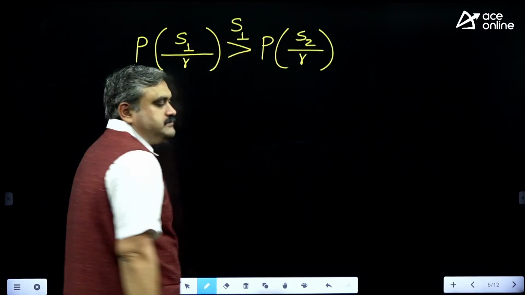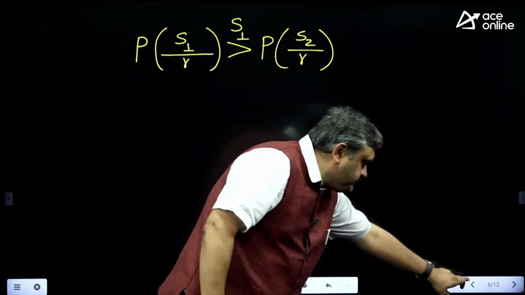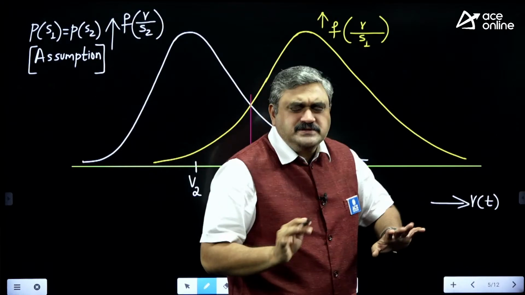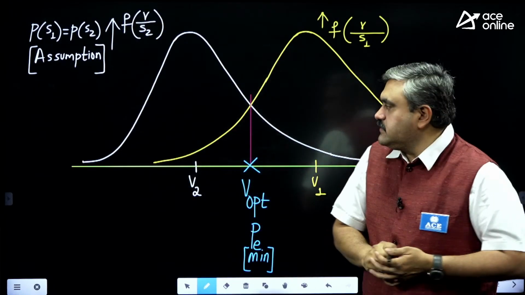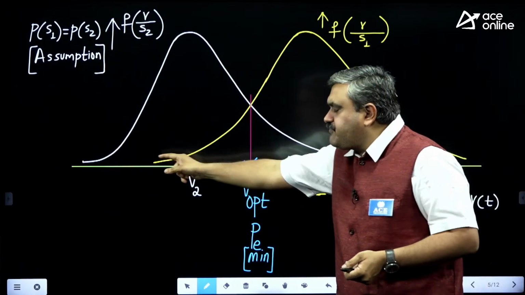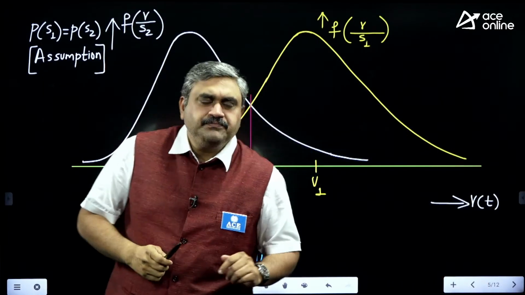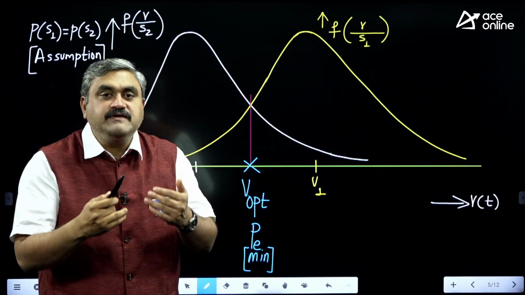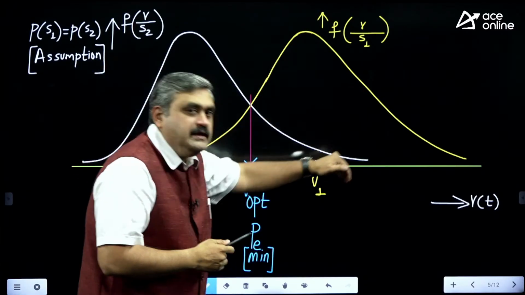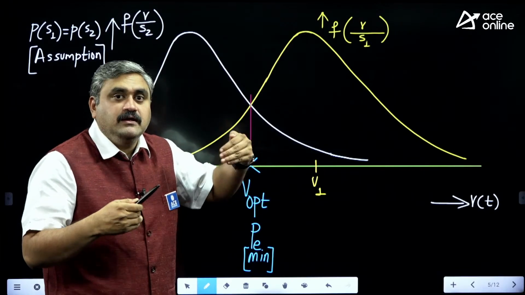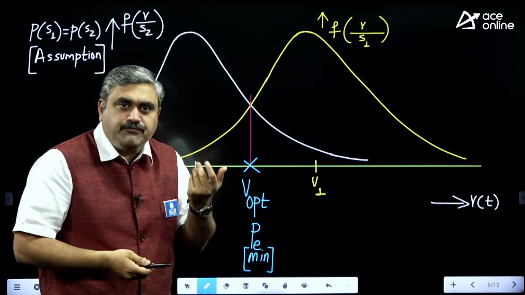That's all. What is my meaning? Common sense, that's all. See here, your received voltage can be anywhere from minus infinity to plus infinity. That is clear. Correct? Now, let us assume your received voltage is coming somewhere here. You have an understanding or some sort of assumption.